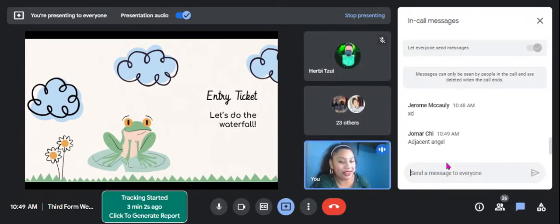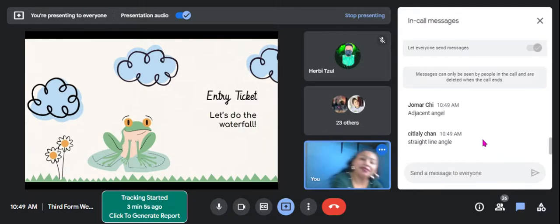Adjacent angles, very good. Straight line angle, vertical angle, vertically opposite angles.